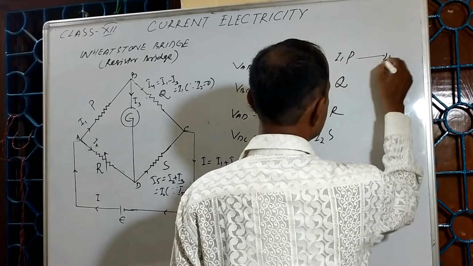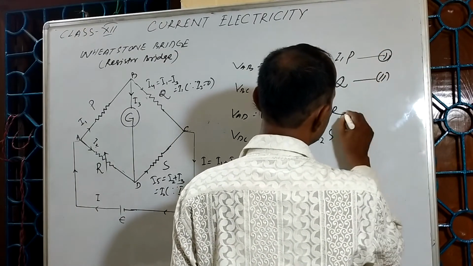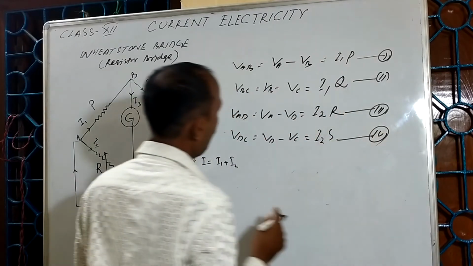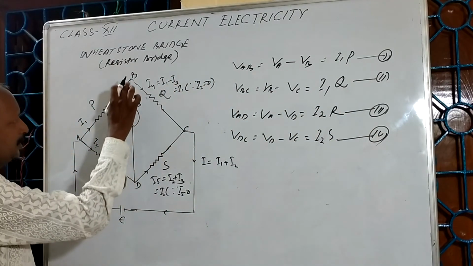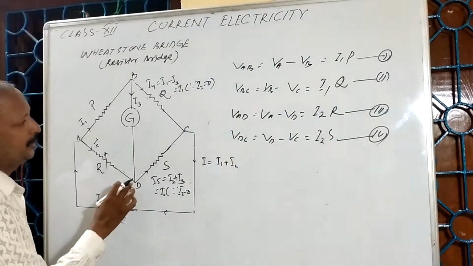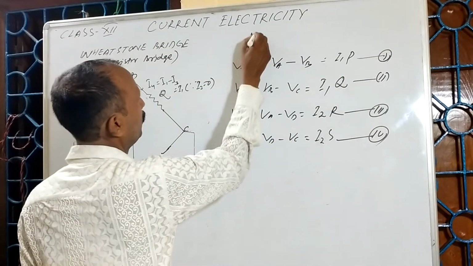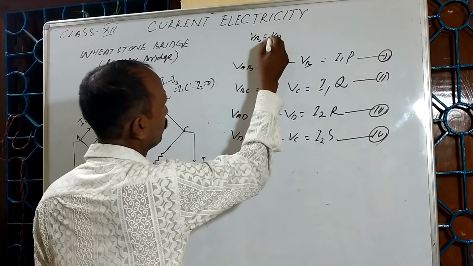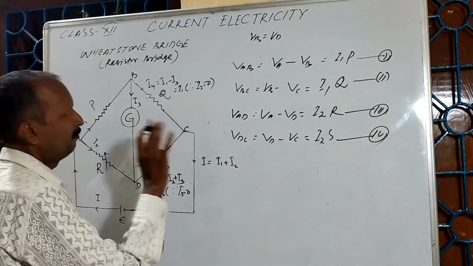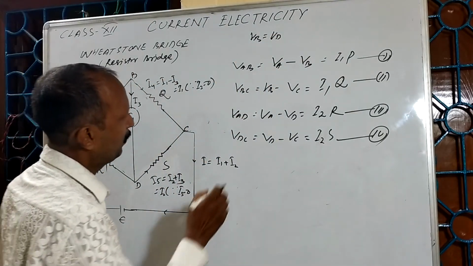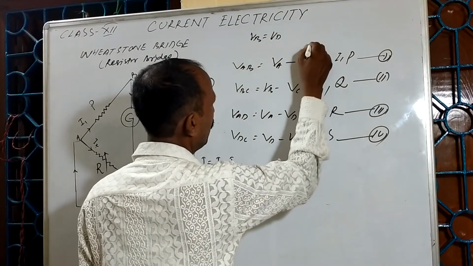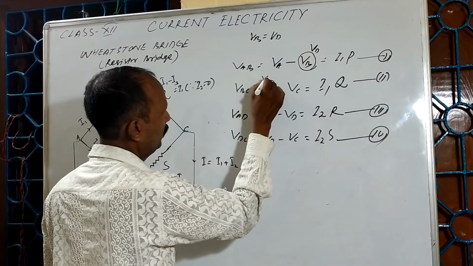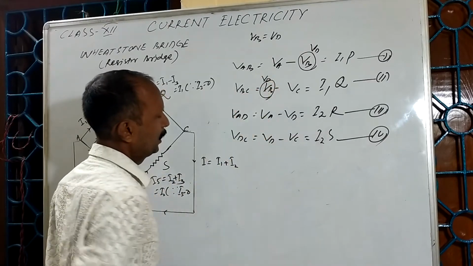So this is the first equation, second equation, this is third equation, this is fourth equation. Now I said that VB and VD both are equal. VB is equal to VD in balanced condition. If VB equals VD, in place of VB I can write VD, and here also I can write VD.